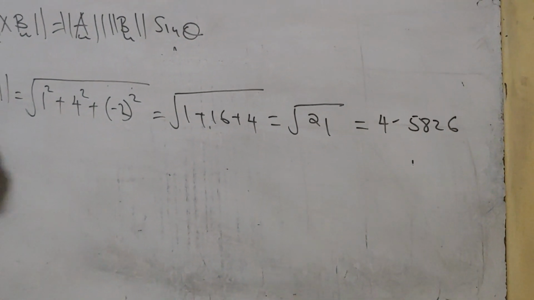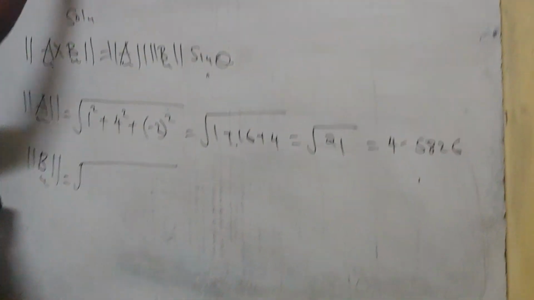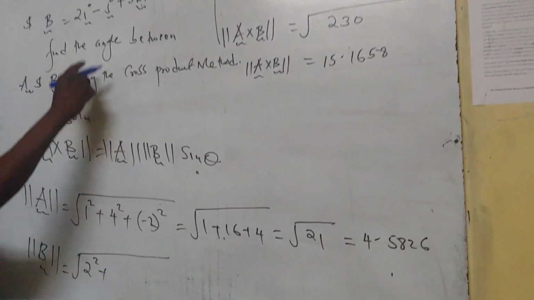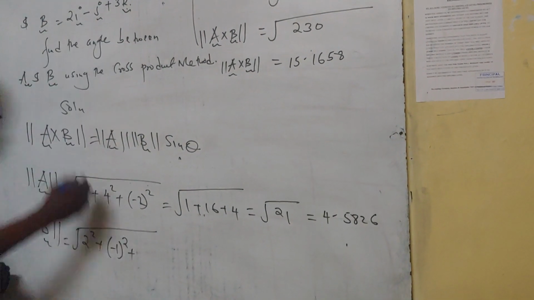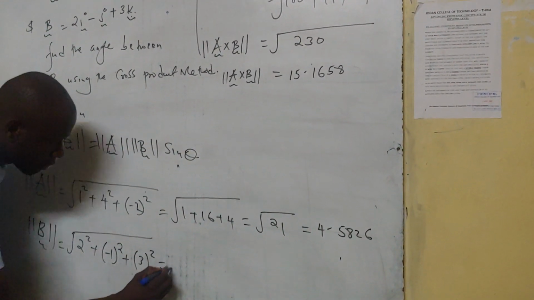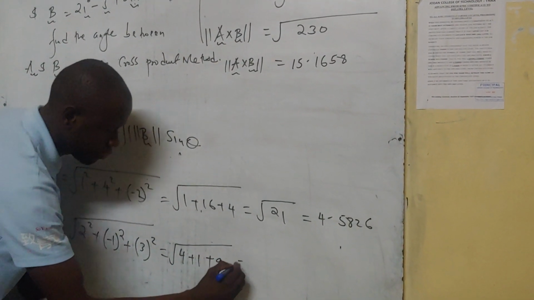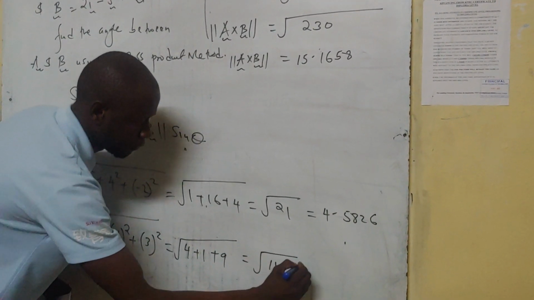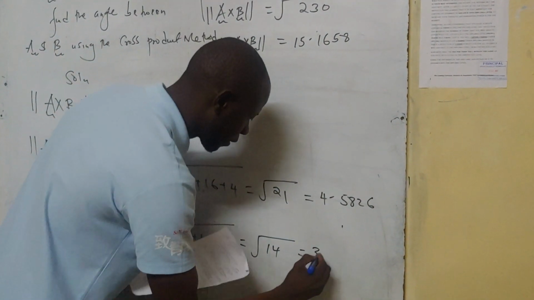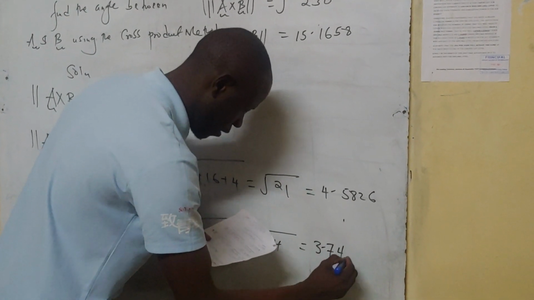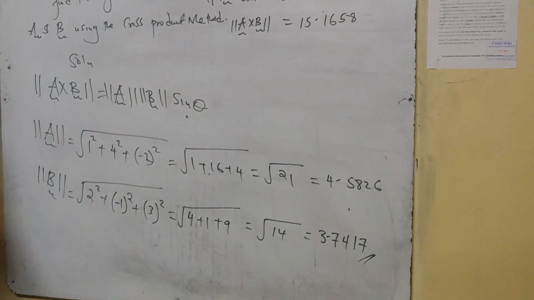Similarly, the magnitude of vector B is the root of 2 squared plus negative 1 squared plus 3 squared. This gives us root of 4 plus 1 plus 9, which is root of 14, which to 4 decimal places is 3.7417. So that is A magnitude and B magnitude.